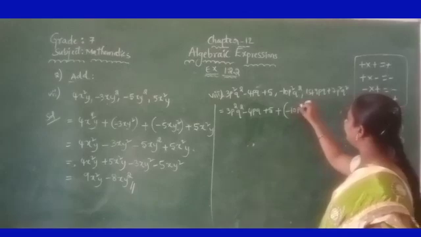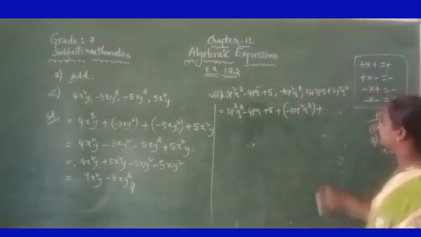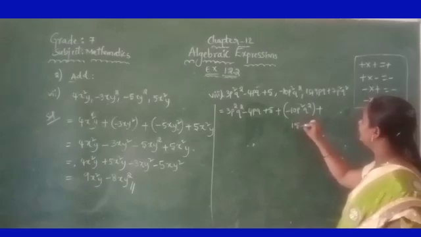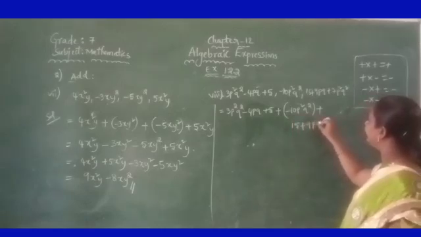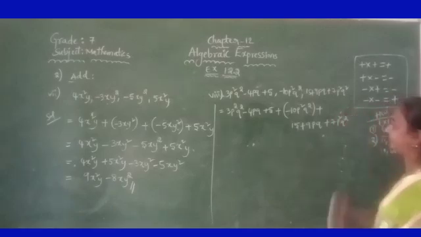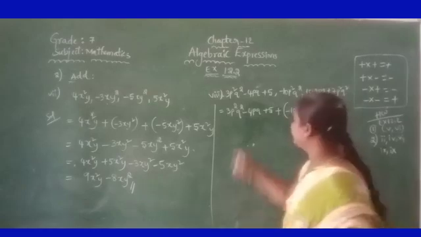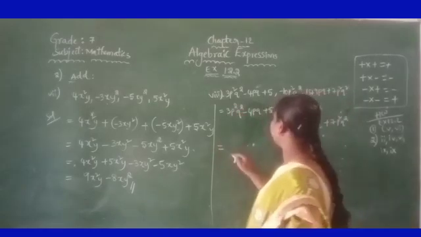Minus 10p square q square plus 15 plus 9pq plus 7p square q square. Squares you write up on the p. Okay, right.